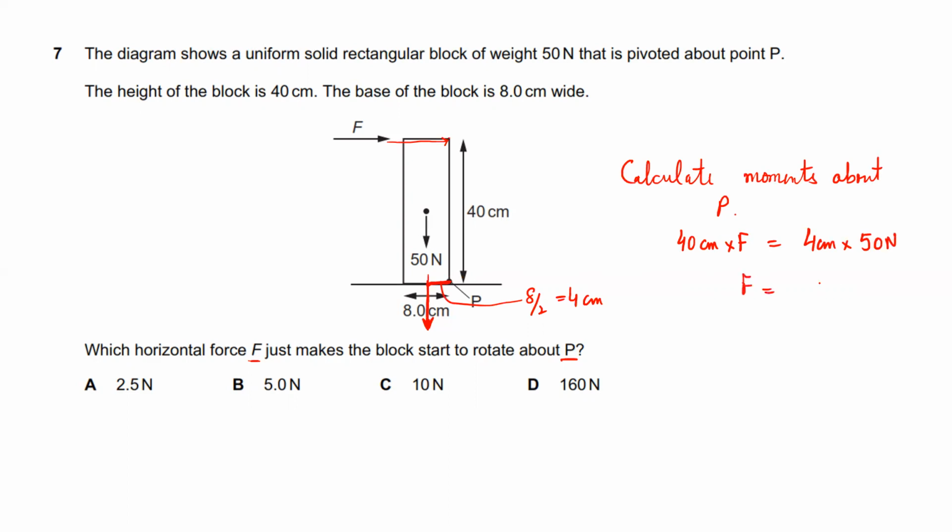So the force becomes 4 divided by 40 multiplied by 50. So this is 5 newtons. Yes. So the answer B is the best choice we have.